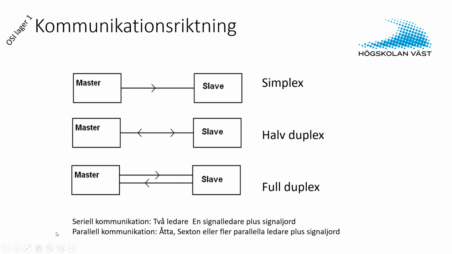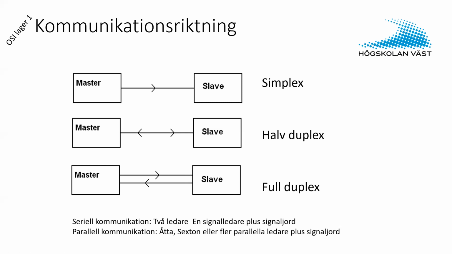But if you do parallel communication, you can have really a lot of wires. So you send many bits at the same time. So you might have 8, 16 or more, plus the signal ground wire. So then you get 8 times as many bits in the same time.